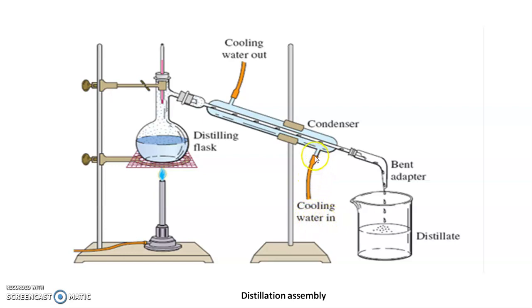From this inlet we put cool water into the condenser. The vapors of our distillate going from this chamber are cooled by the water inlet and outlet, and these cooled vapors are collected in a beaker. In this way the distillation process is carried out.